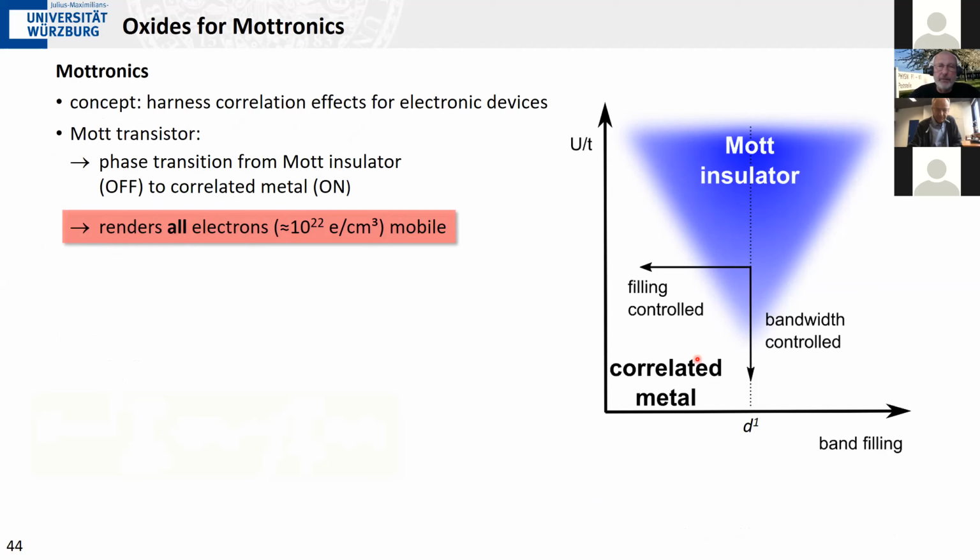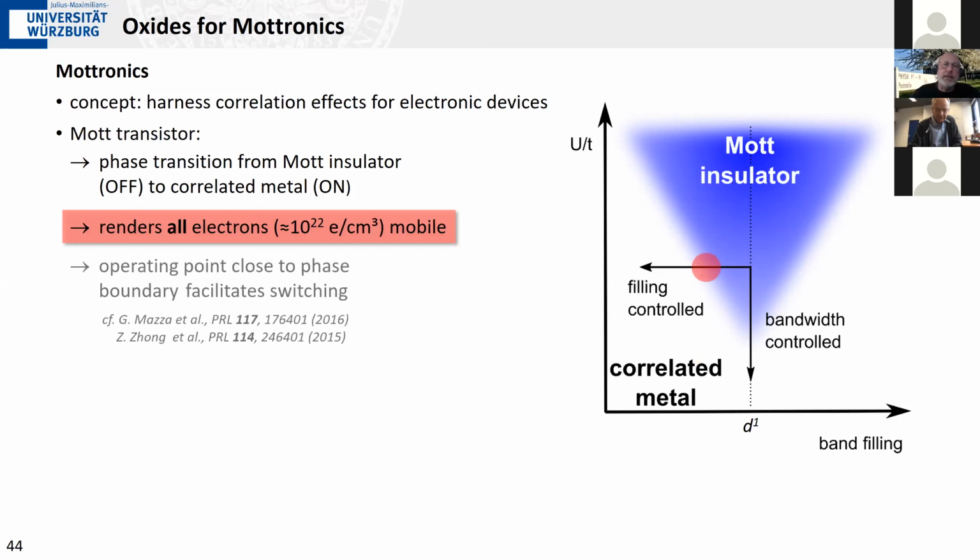And the important point is that if you have a certain amount of valence electrons in your system, all of these electrons will collectively take part in this transition. Whereas in a conventional field effect transistor, it's only the doped electrons, not the ones that are already present in the system and are responsible for the insulating behavior. It's only these extra electrons that drive this transition. Here, it's all electrons, all d electrons taking part.